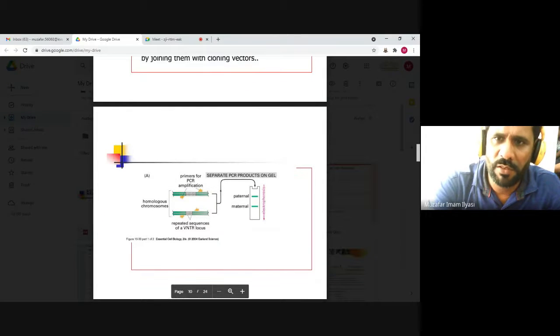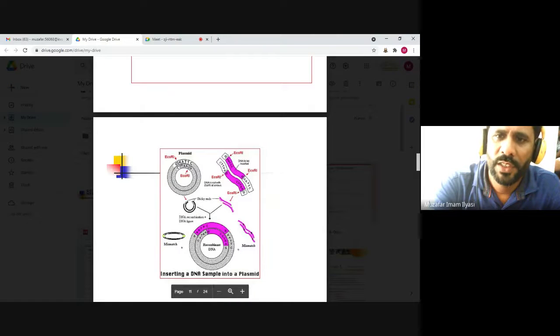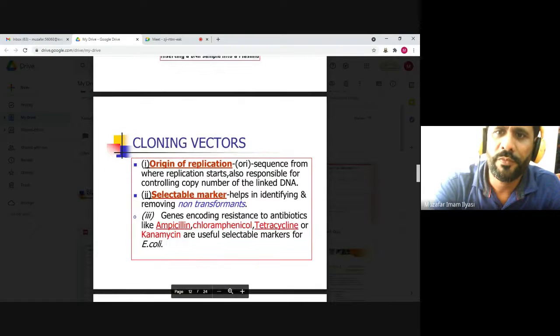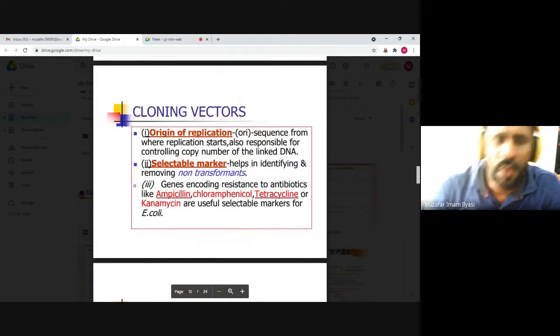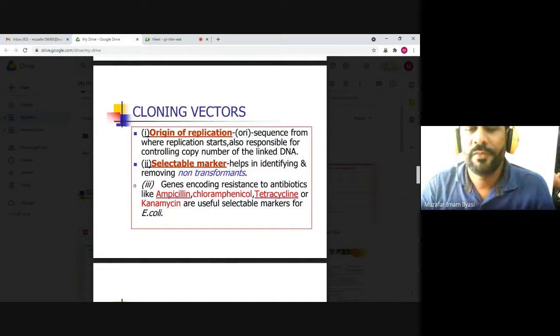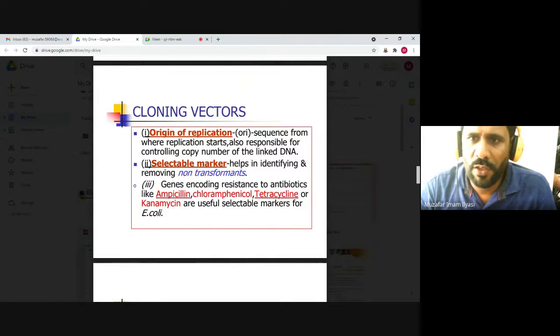The entire process can be viewed in this slide. Inserting a DNA sample into a plasmid is shown in this picture. Now talk about the cloning vectors. First, the origin of replication, the Ori site, the sequence from where replication starts, also responsible for controlling the copy number of the linked DNA.